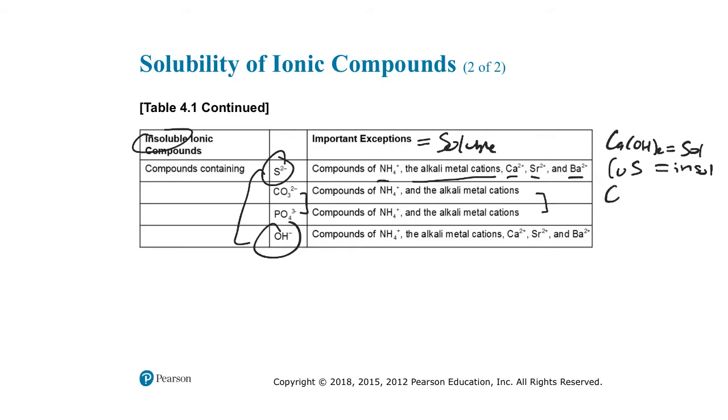So calcium carbonate is insoluble because that's not one of the listed exceptions, but K2CO3, an exception, would be soluble, just like anything containing potassium or ammonium or nitrate or acetate would be water soluble.